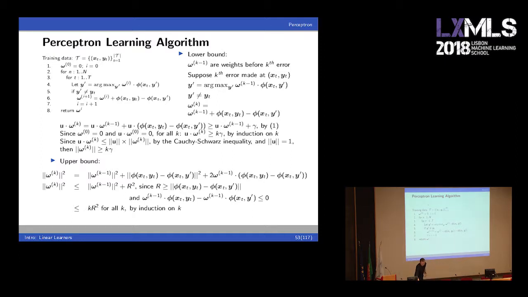So when we talk about mistakes that are made during training, those mistakes tell us something about errors on unseen data, because every time we check whether we make a mistake or not, we do it on a training datum that we haven't seen before. So ideally, the perceptron algorithm is run on an infinite stream of training data.